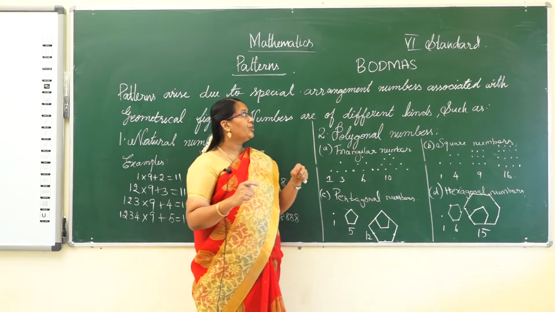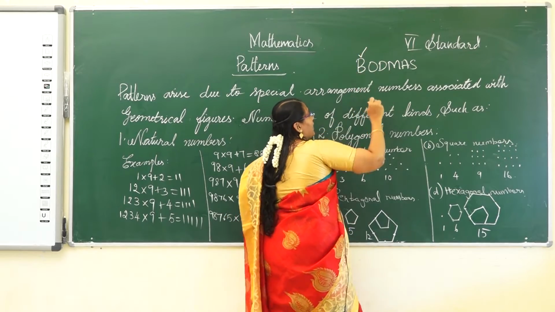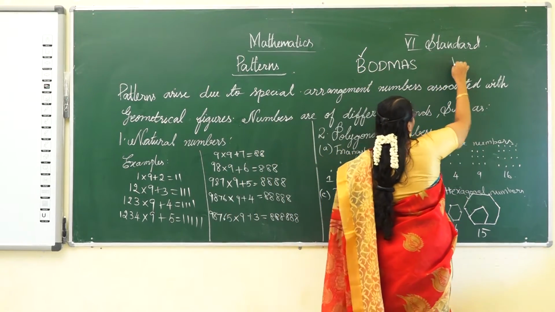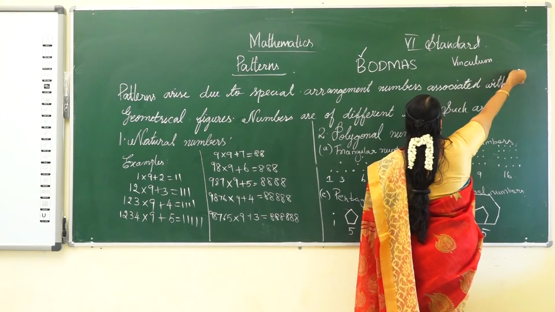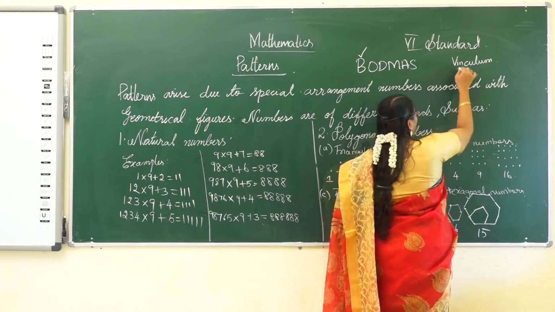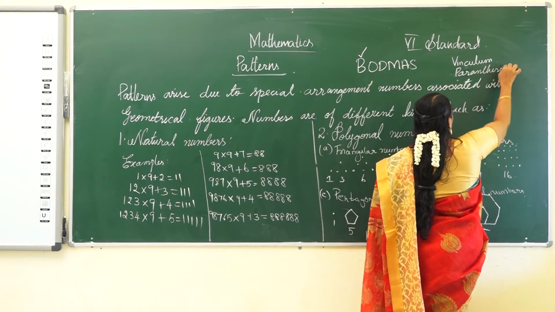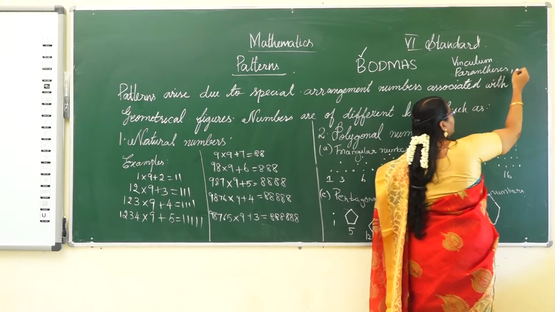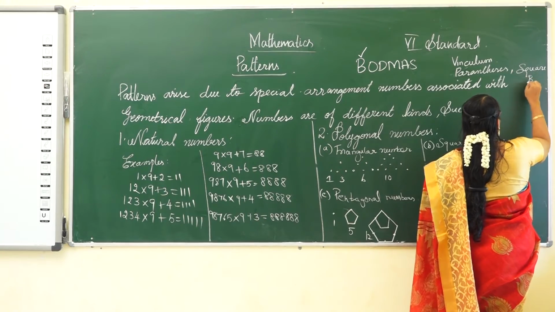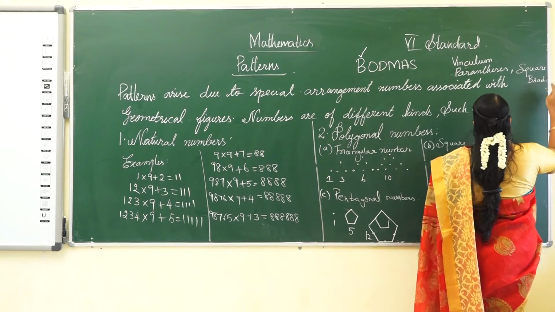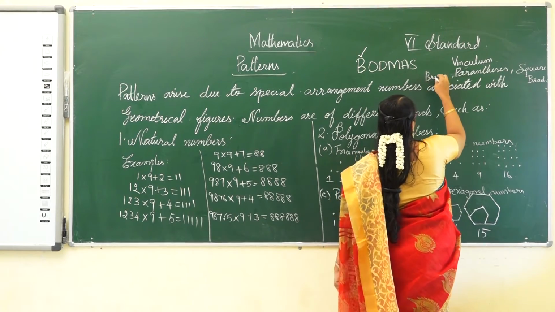Which one is preferred first? First preference goes to the B. B means bracket. It consists of 4 types. The first one is vinculum or bar, the second is parentheses, another one is square bracket, and then curly brackets.